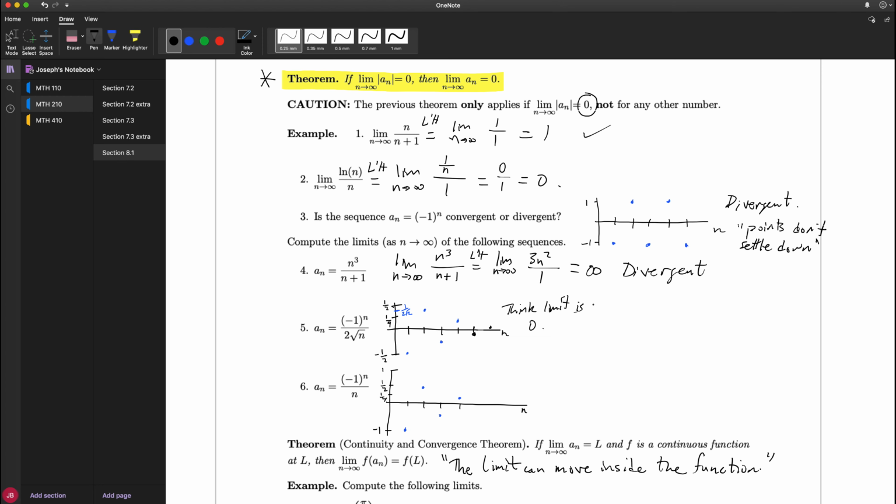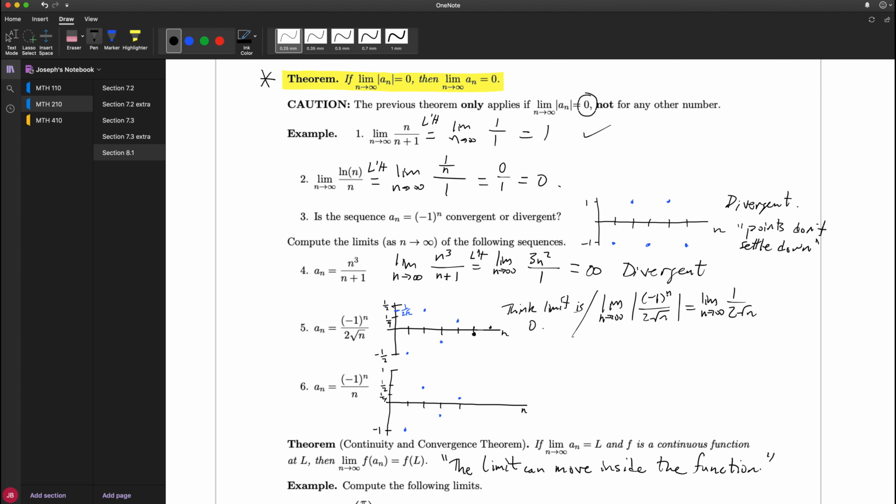What if I took the limit as n goes to infinity of the absolute value of this sequence? Well, the nice thing about the absolute value is that it kills the alternating part, but everything else will stay the same. So really you just get this, right?